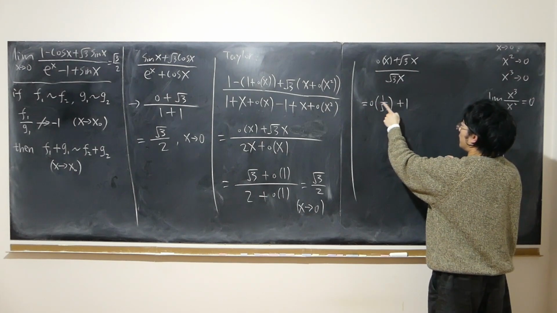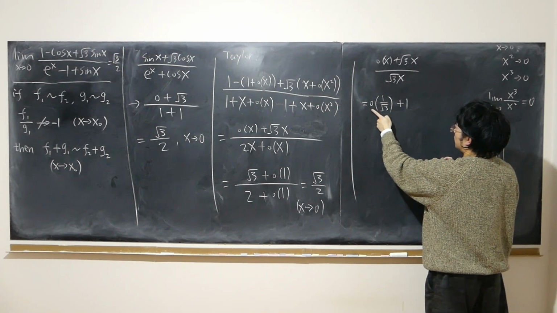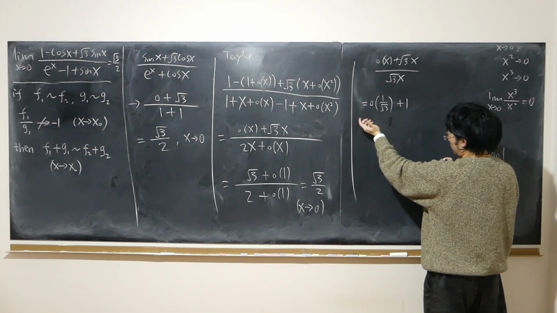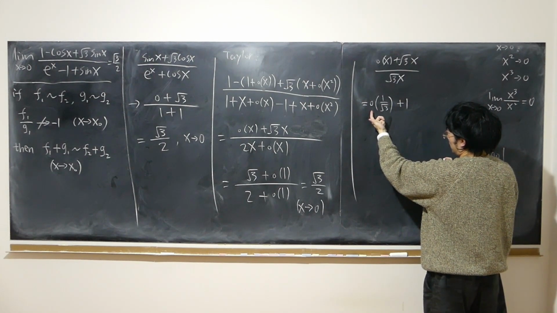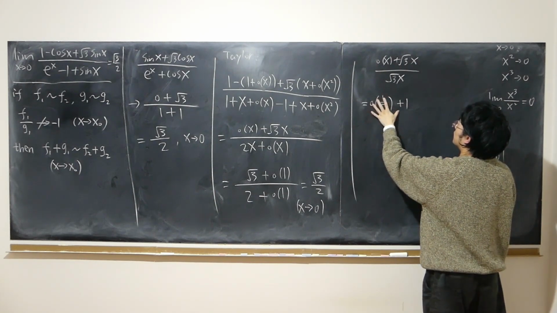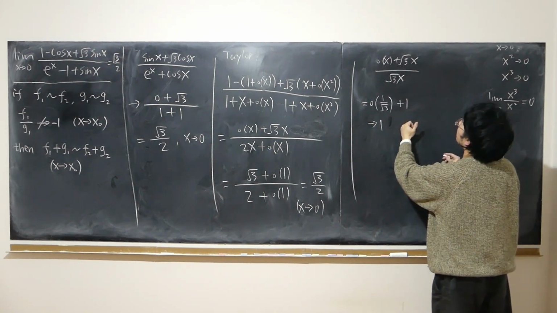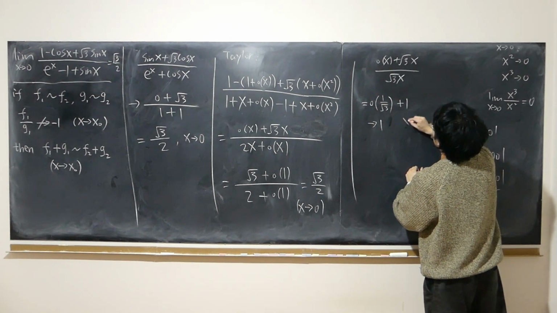Like I said, it doesn't matter even if we have some other constant, a constant times little o of something. Little o can be viewed as some function approaching 0. So still this is approaching 0, so the whole thing is still approaching 1, as x approaches 0.